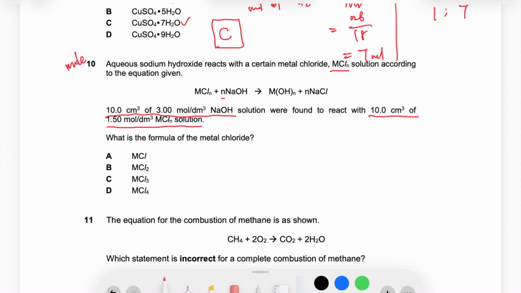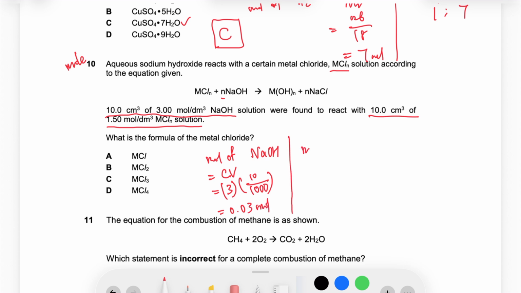You have to find the mole of NaOH first. Concentration times volume. Concentration is 3, volume is 10 over 1000, so remember to change to dm cube. You get 0.03 mole.